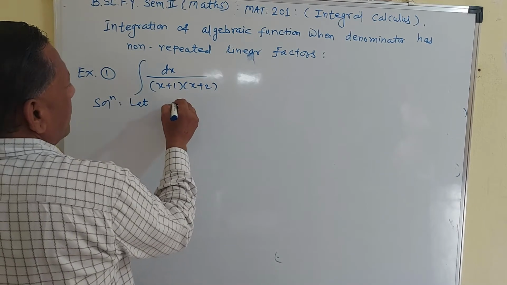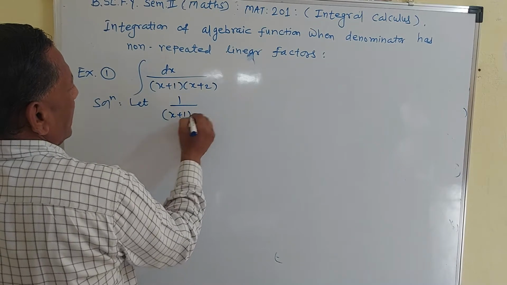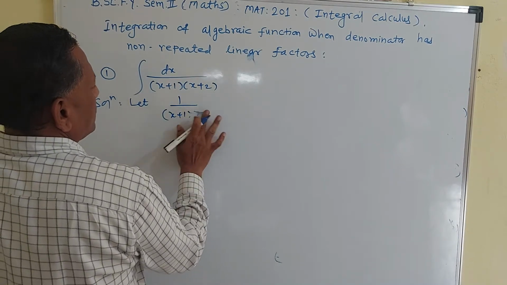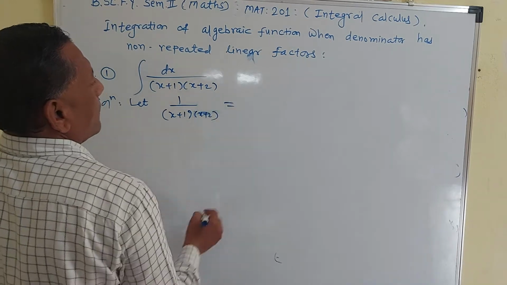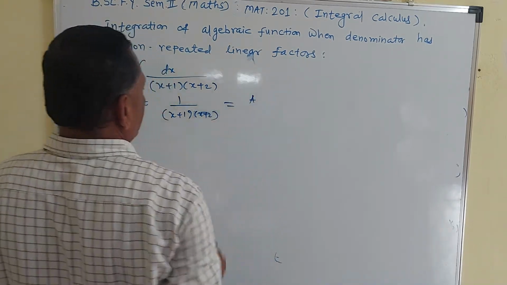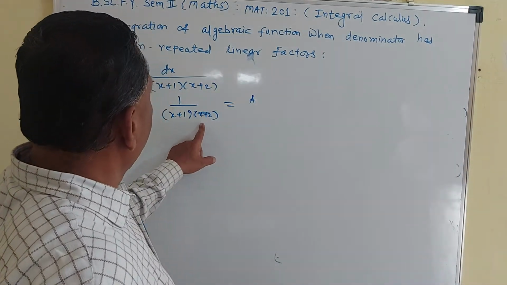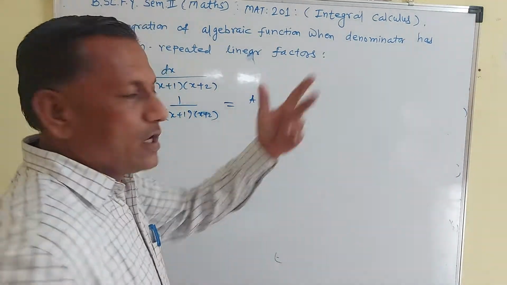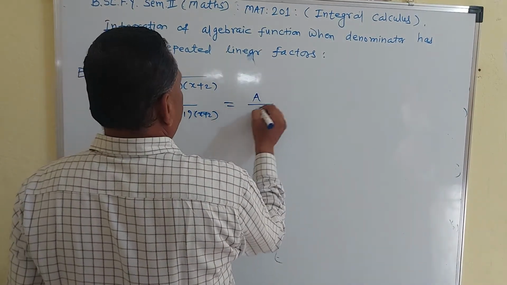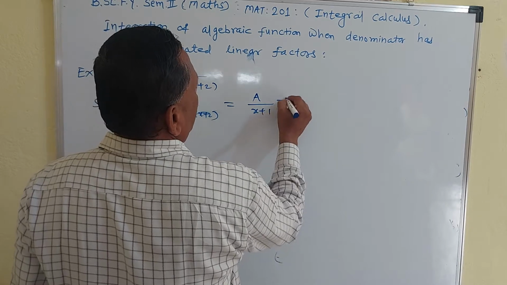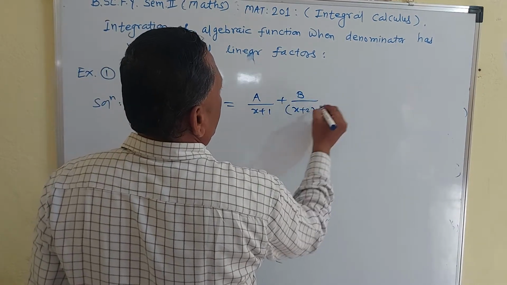So what is the method? Here 1 upon (x plus 1) into (x plus 2) is equal to, how many factors are there? Two factors. Therefore, there exist two constants. A upon the first factor x plus 1 plus B upon x plus 2.